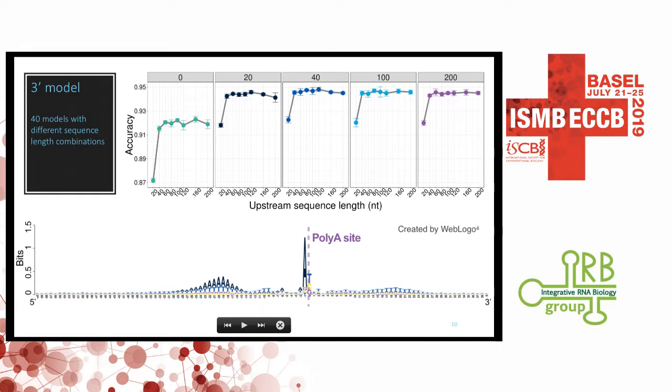If you look at the lower panel, there's a very strong signal within 40 nucleotides upstream of the real poly A site, and consistently in our model, we found that as long as you have more than 40 nucleotide upstream sequence and more than 20 nucleotide downstream sequence, you'll be able to get an accuracy of over 94%. And actually, the longer the sequences the better does not hold. They start to saturate at that point.